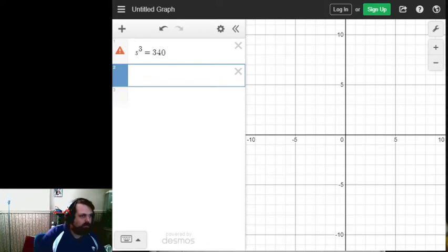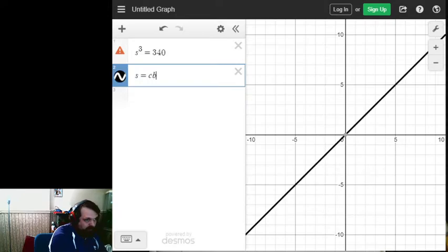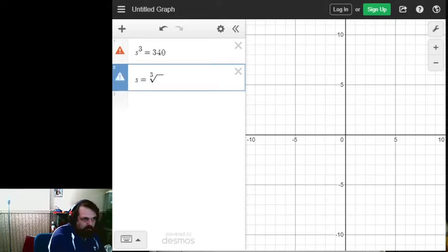So when we have that open, we have that relationship there that s to the third is equal to 340, but that doesn't tell us what s is equal to. So to undo the cube, we need to take a cube root. So s is equal to the cube root, so we can do CBRT, similar to the SQRT for square root.